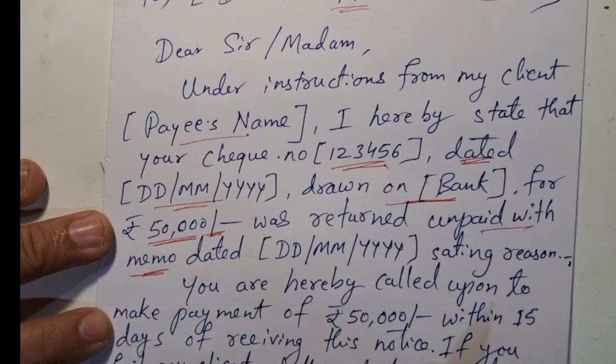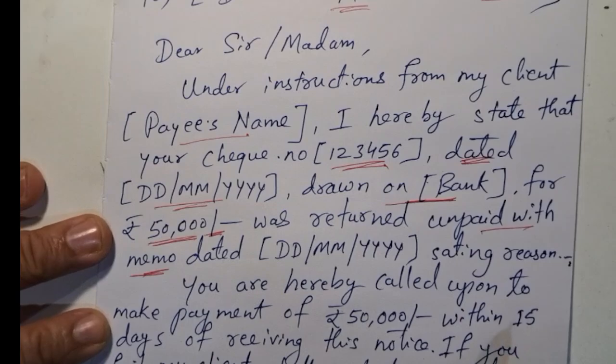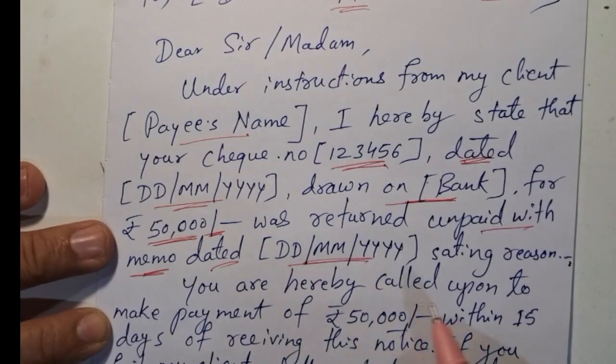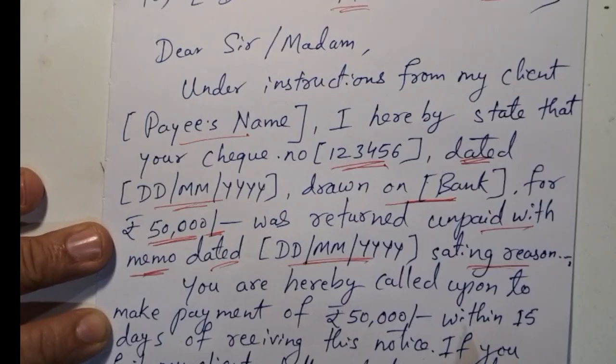Kindly do not attach the original return memo to the legal notice which you are going to send, because you need to attach that in your court. The return memo date you are going to mention is the date you received it, and you need to also state the reason. Whether it is insufficient funds, whether the account has been closed, or whether a stop payment has been given by the drawer.